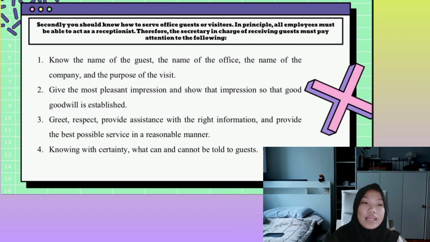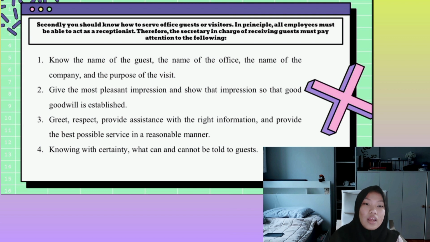Number 1, know the name of the guest, the name of the office, the name of the company, and the purpose of the visit. Number 2, give the most pleasant impression so that goodwill is established. Number 3, greet, show respect, provide assistance with the right information and provide the best possible service in a reasonable manner.